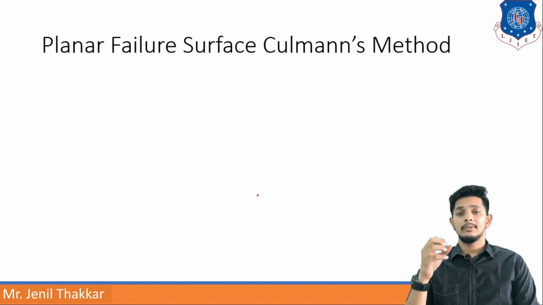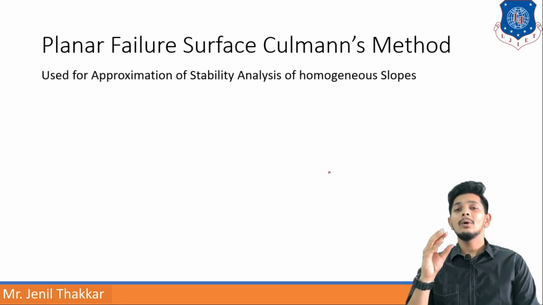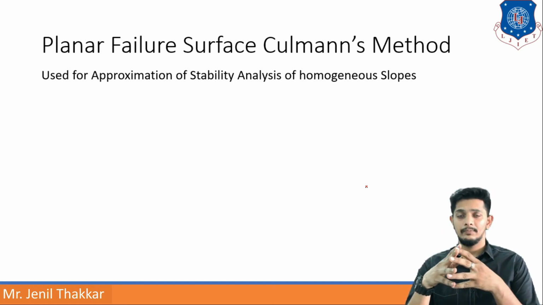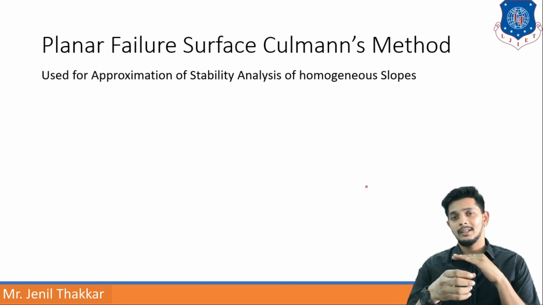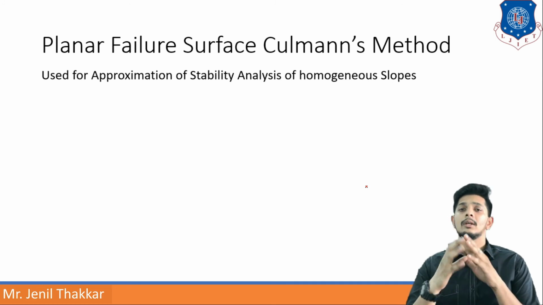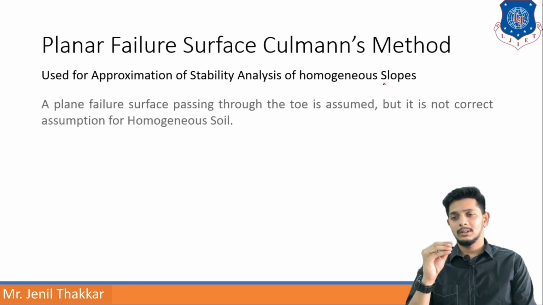Planar failure surface by Kuhlmann's method. Now, Kuhlmann gave a basic idea of a planar failure surface. It means if the slope is failing, it is assumed to be failing along a planar surface like this. So he gave one basic formula for this also.